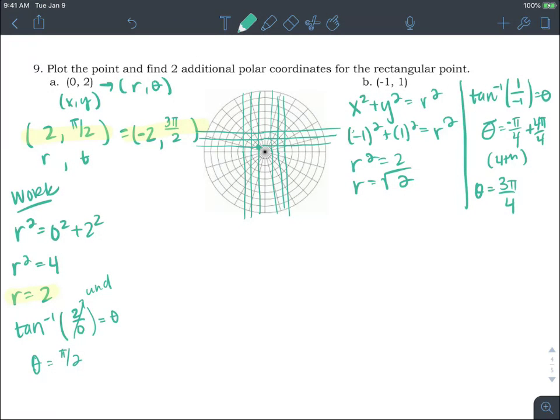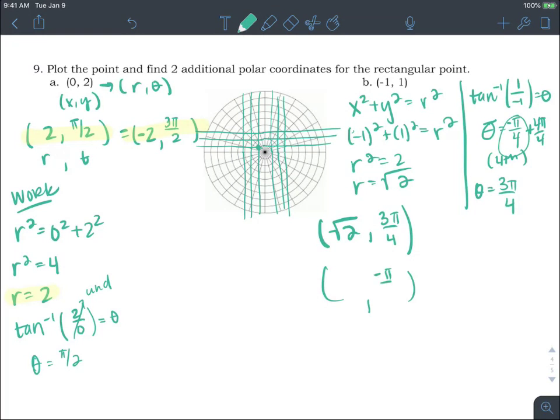So theta is equal to 3 pi over 4, or add 4 pi over 4. Okay. So our polar coordinate with positive radius is square root of 2, comma 3 pi over 4. If we're 180 degrees from that, we can use our original angle.